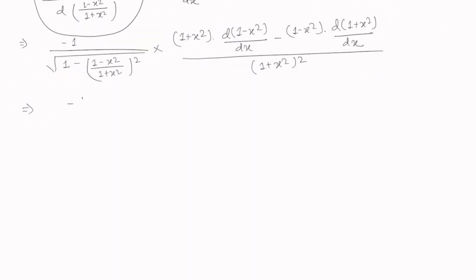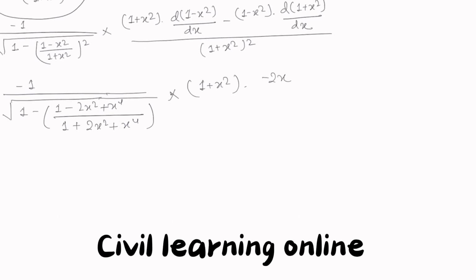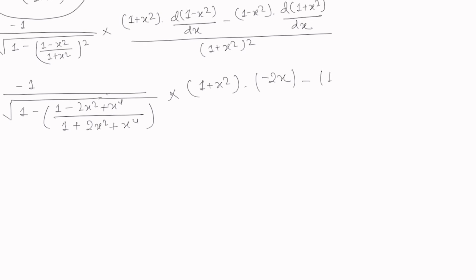We have here minus 1 upon root under 1 minus (1 minus 2x square plus x to the power 4) by (1 plus 2x square plus x to the power 4), times 1 plus x square times the derivative of 1 minus x square with respect to x, which is going to be minus 2x, minus 1 minus x square times 2x.